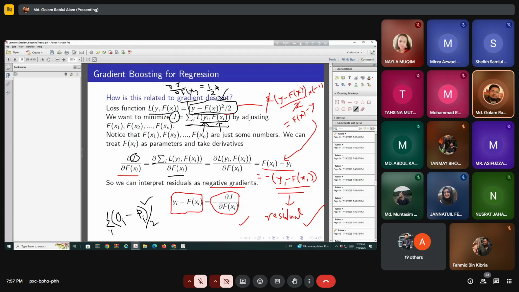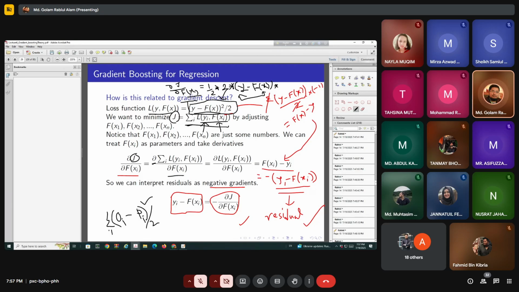Now for y minus f of x whole square, we are taking the derivative with respect to f of x, so we take the 2 in front, and we get y minus f of x. This is a chain derivative, because instead of x we have y minus f of x. Again, we have to take the derivative of this part, y minus f of x.